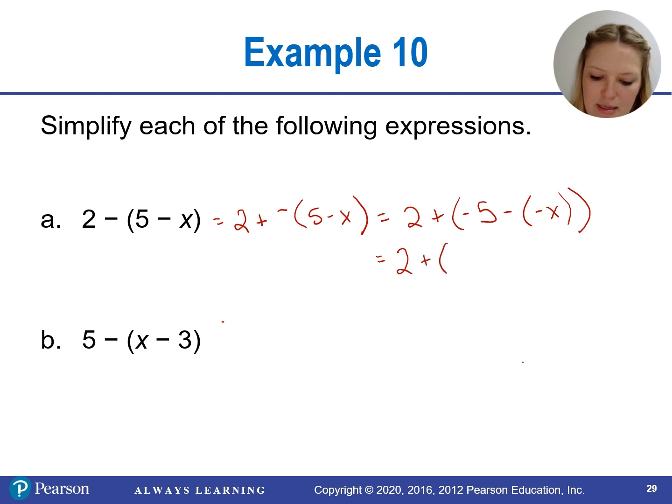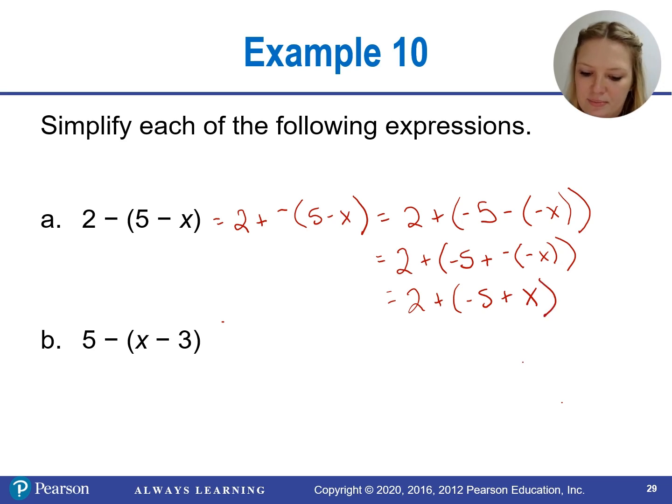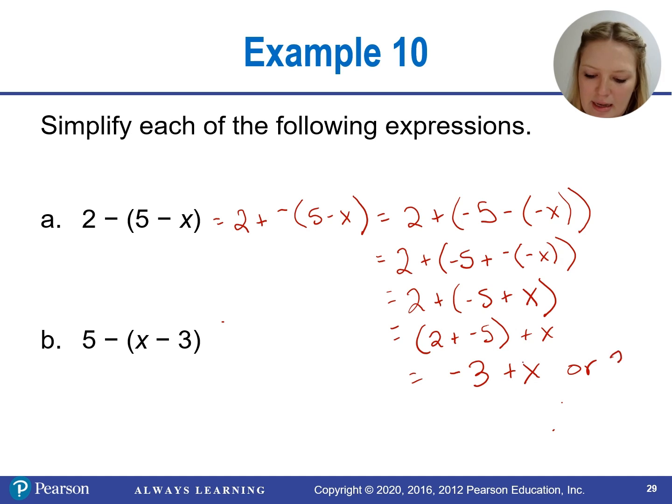Subtracting negative x is the same thing as adding x itself. So 2 plus negative 5 plus x. I can use the associative property to have 2 plus negative 5, which is negative 3, plus x, or we could say x minus 3.